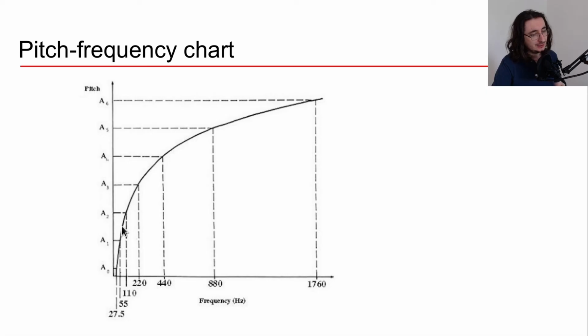And you can see the nice logarithm function here. On the y-axis, the pitch axis, we just have A0, A1, A2, A3, A4, and so on and so forth. And you'll see that at every octave we go above, we just double the frequency in Hertz down here.